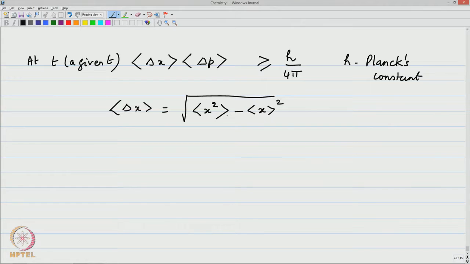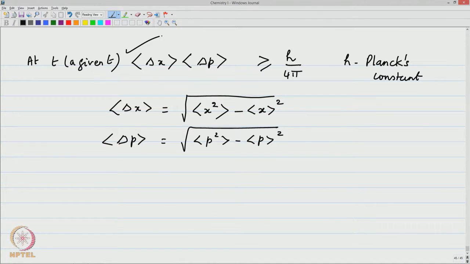So, the average of the squares minus the square of the average, the difference between the two, is the square of the uncertainty, therefore, the square root of the same is given as the uncertainty. And likewise, delta p was written as the square root of the average of p squared minus the square of the average of p. Okay, so, this is one type of uncertainty.